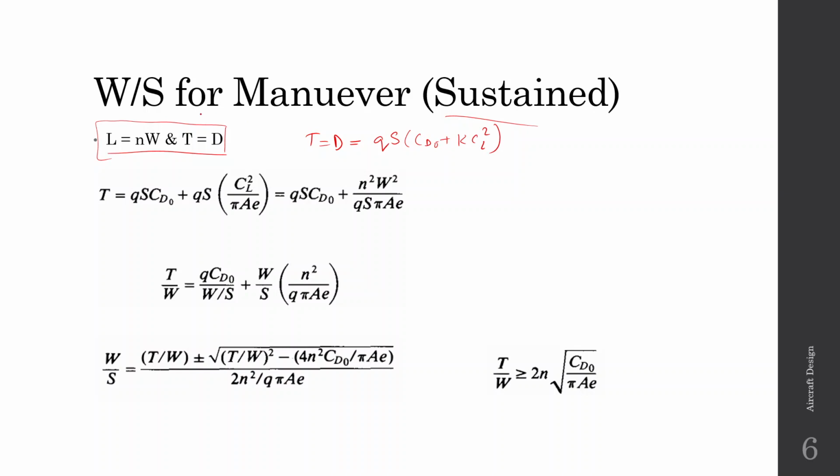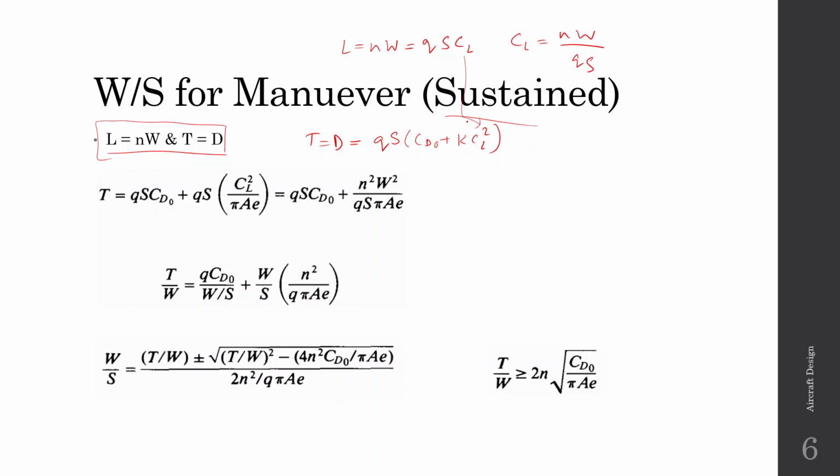From here we can also write that lift is equal to nW, which is equal to QS CL. So from here we can find CL and then substitute that CL in this thrust equation. We find CL as nW by QS.